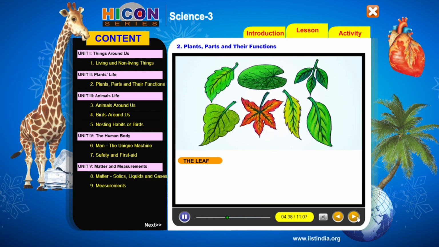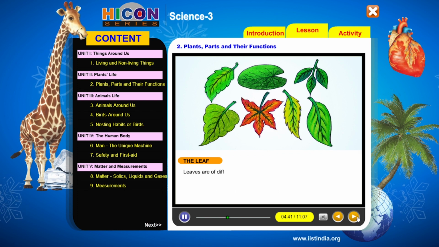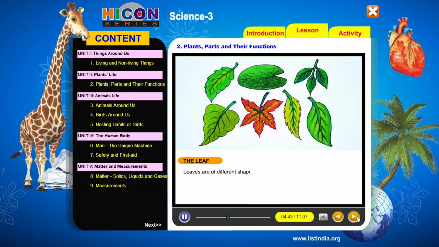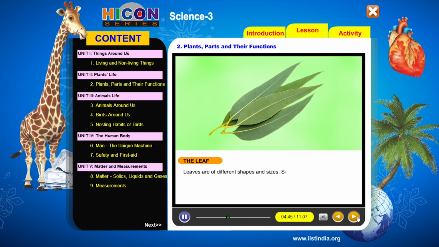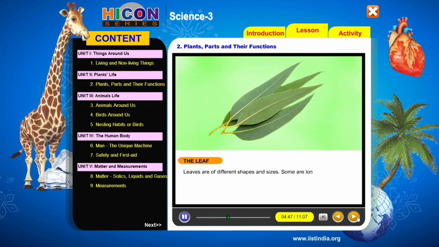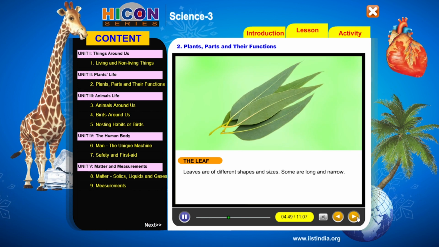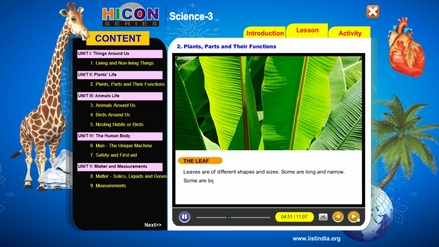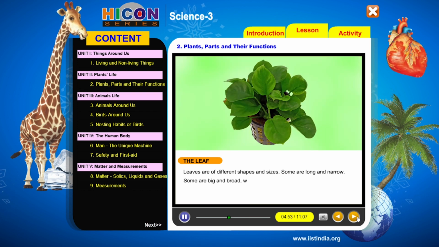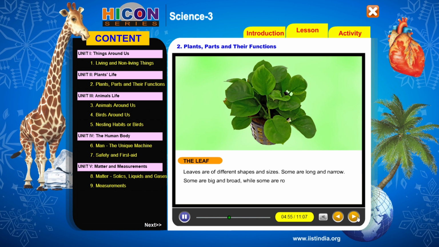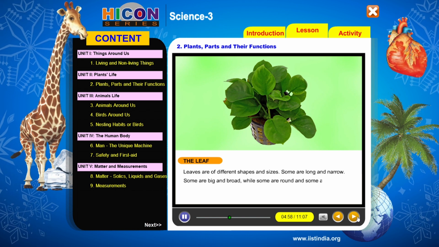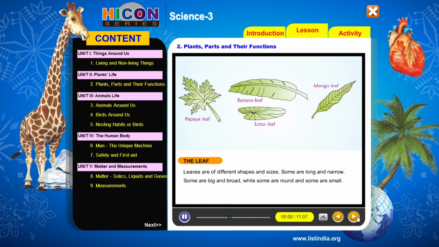The leaf. Leaves are of different shapes and sizes. Some are long and narrow. Some are big and broad, while some are round and some are small.